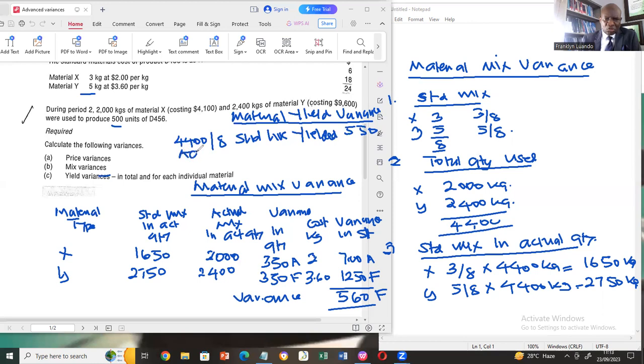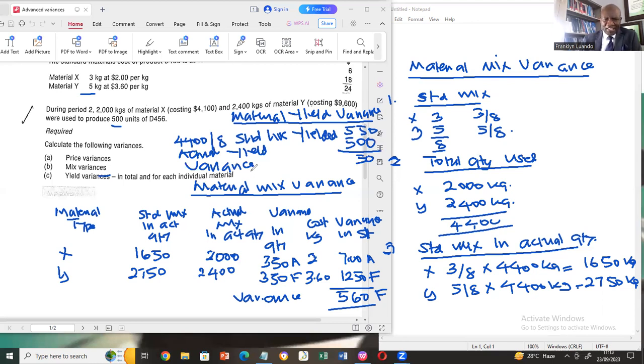Actual yield 500. The variance is adverse because the plan was to have 550, but the actual result was less.